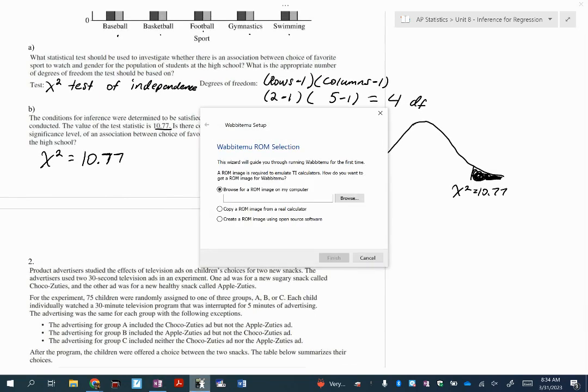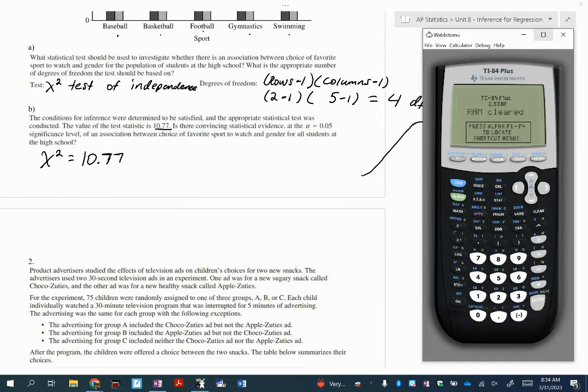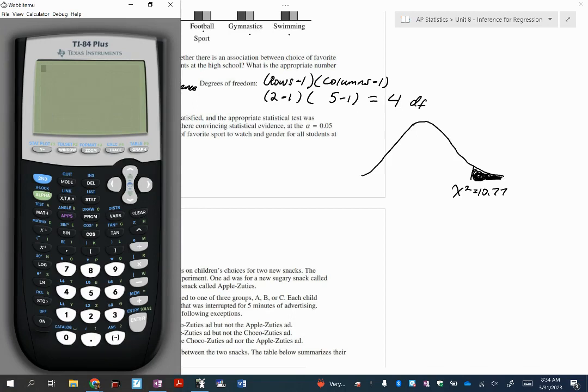So I'm going to go to my chi-squared CDF, which is second vars, number 8. I'm going to type in the lower value, which is my chi-squared test statistic, 10.77. My upper value is infinity. My degrees of freedom we just calculated was 4.